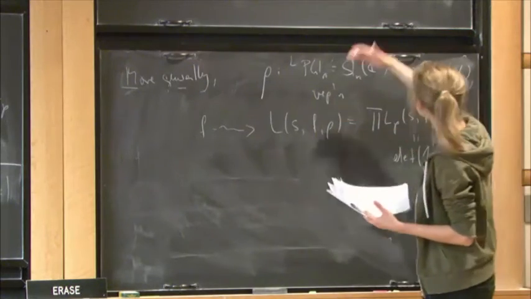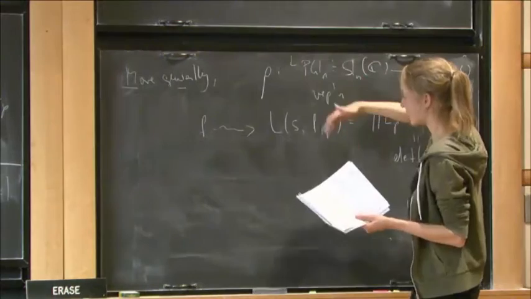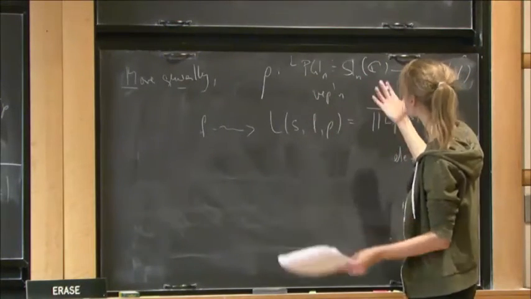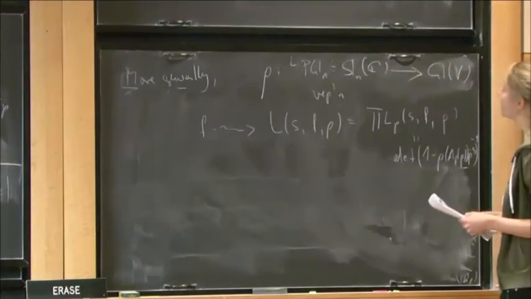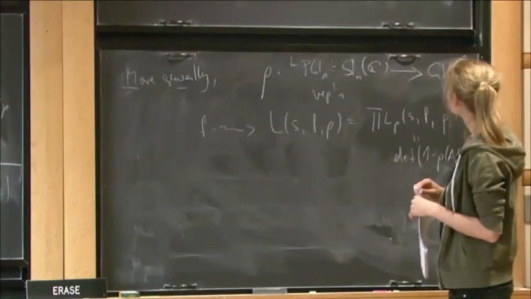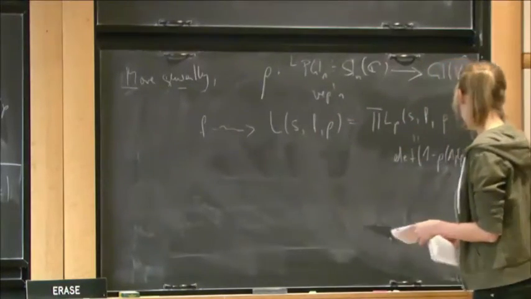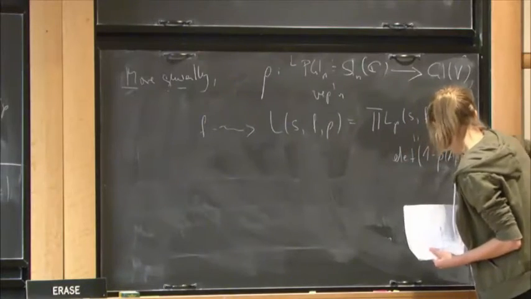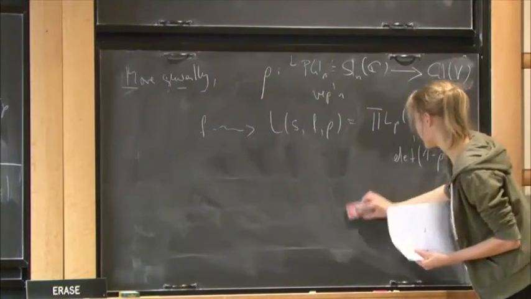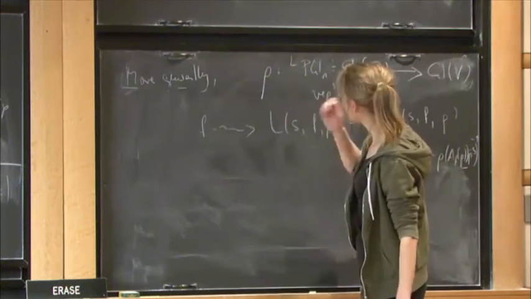But in general, so for L(s, F), you know that this function can be continued to s in the whole complex plane, to a meromorphic function. But in general, you don't know that this can be continued, and there are analytic difficulties. So we can consider only very few rho.